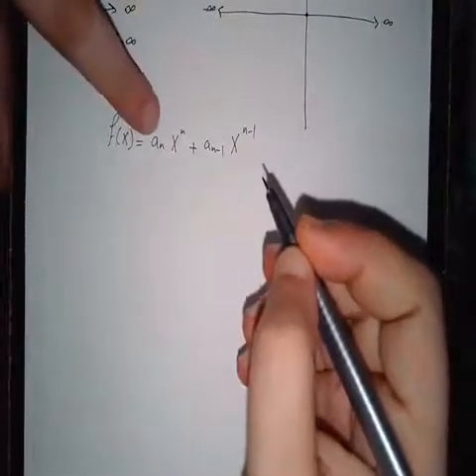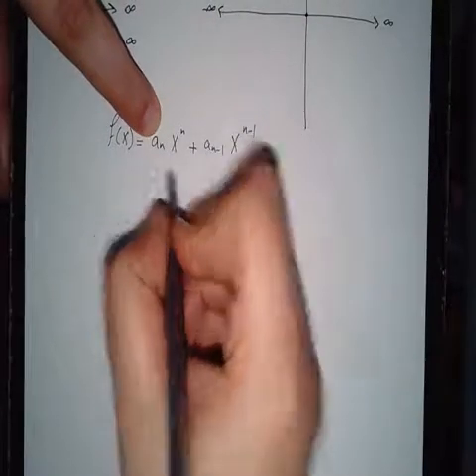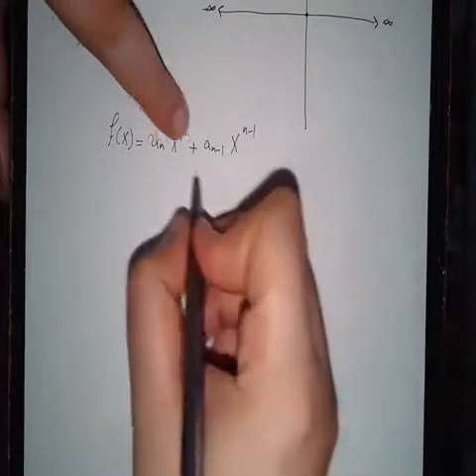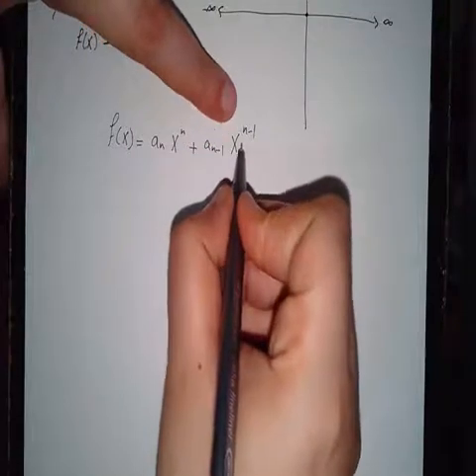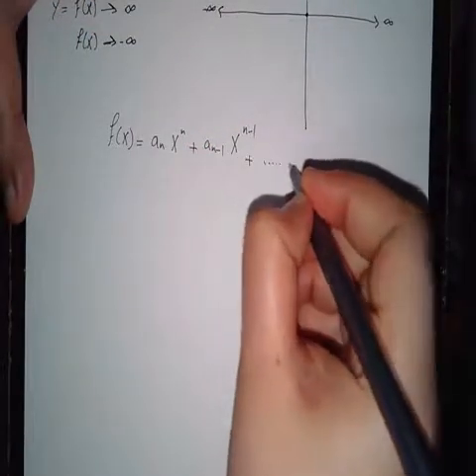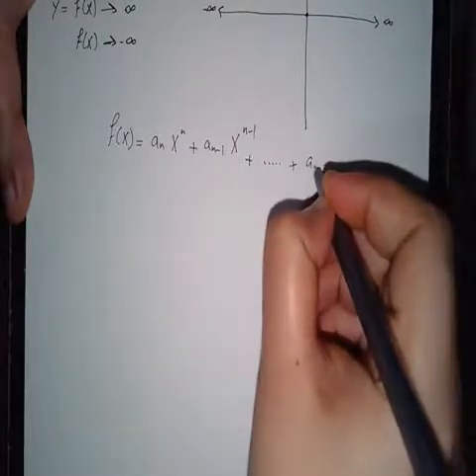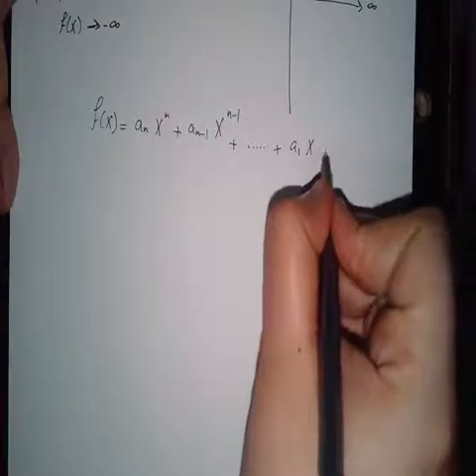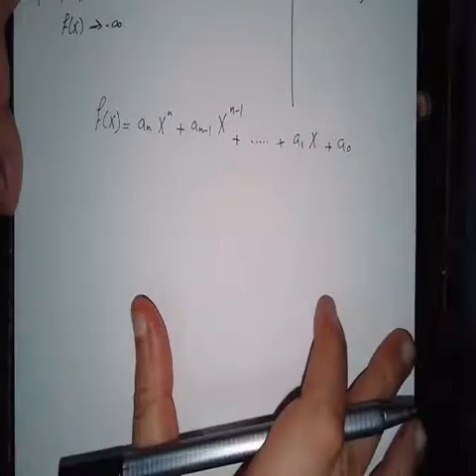So the first term is a sub n, right? So a n times x to the power of n, plus a n minus 1 times x to the n minus 1, plus dot dot dot, a1 x to the 1 power, which is why the exponent is not there, plus a 0, right?